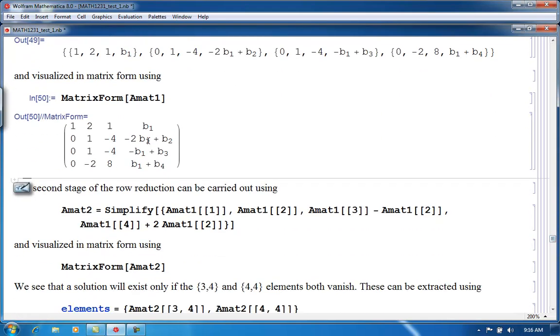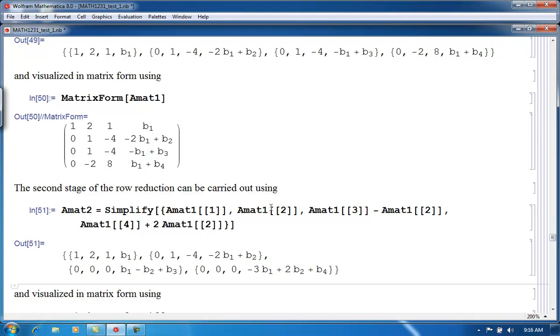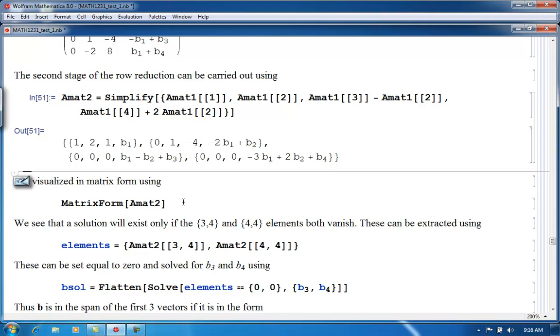And now we go to the next phase, which is we subtract the second row from the third and add twice the second row to the fourth row. So there we go, the first 2 rows are unchanged, and we perform those operations, and we get this, and we can look at that as a matrix using that.